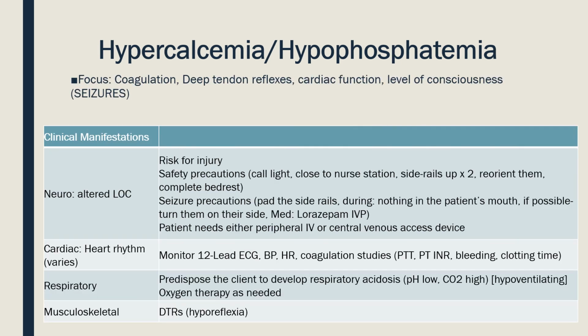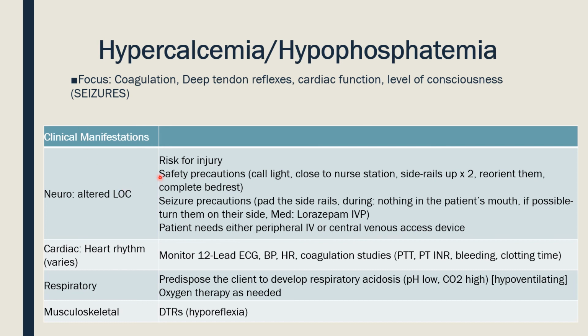Now let's switch. Earlier we talked about low calcium and high phosphorus. Now this time we'll be talking about high calcium and low phosphorus. When you look at the NCLEX-RN focus here, it did not change, so we're pretty much doing the same thing.